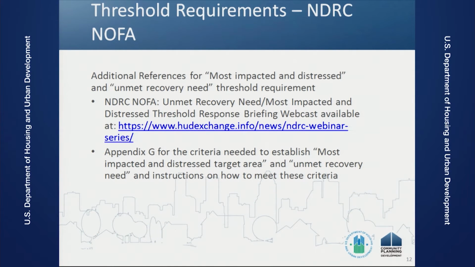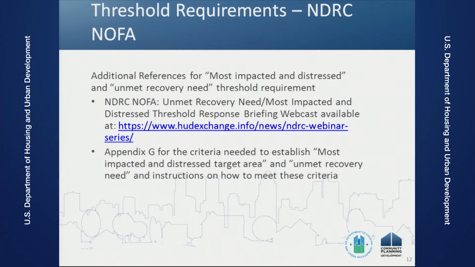Thanks, Meg. I agree. It can't be overstated how important this threshold requirement is. And it may be one of the more difficult threshold requirements to meet because it's the work that HUD has traditionally done for grantees before they receive an allocation under a disaster recovery program. Absolutely.